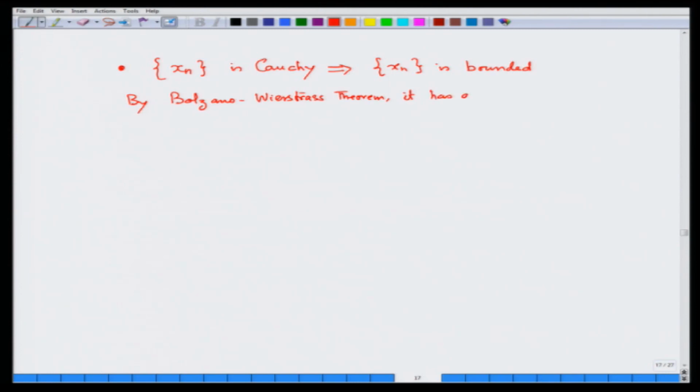It has a convergent subsequence. You could denote it by x_{n_r}. So, let x_{n_r}, or x_{n_k} if you want, be such a subsequence. So, what happens?